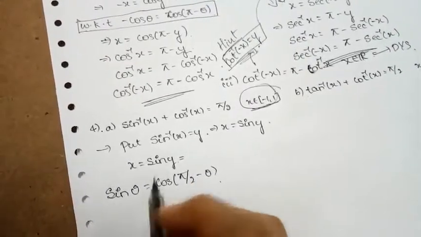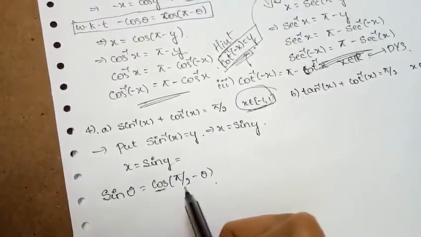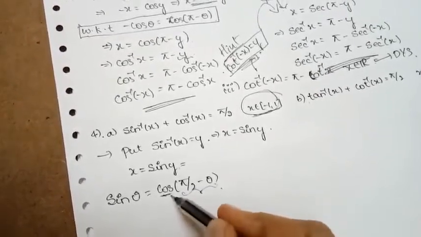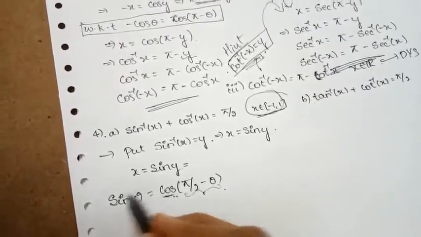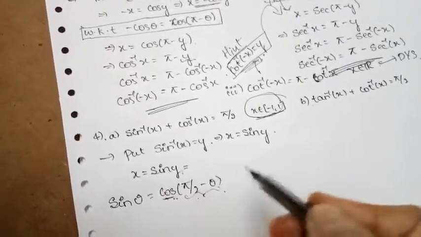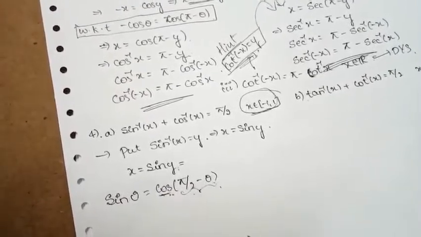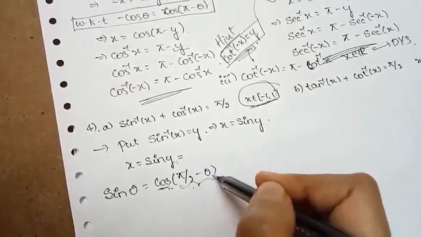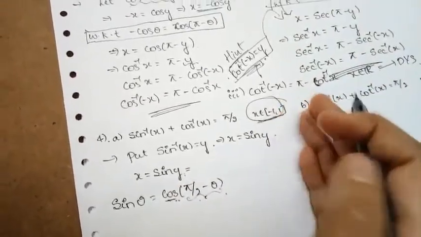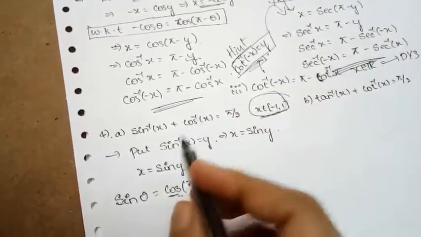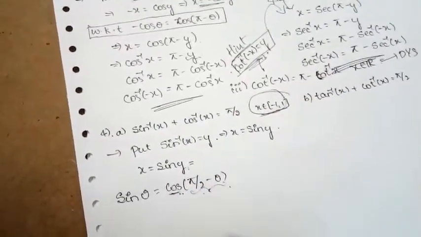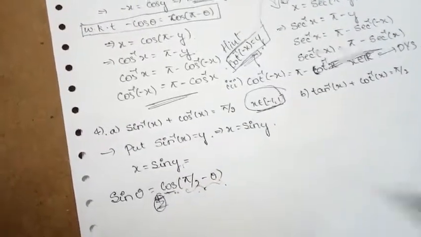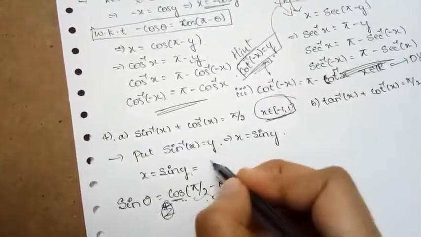If we take cos or any function in terms of the pi by 2 minus theta form, at that time the function changes: sin changes to cos, cos changes to sin. So sin y I can write in this form. Why pi by 2 minus theta only? It is easy, guys. If I take pi by 2 minus theta, it lies in the first quadrant. In the first quadrant all trigonometric functions are positive. So there is no problem of dealing with positive and negative signs in that quadrant, because all the things are positive. So that's why we are dealing here with cos pi by 2.